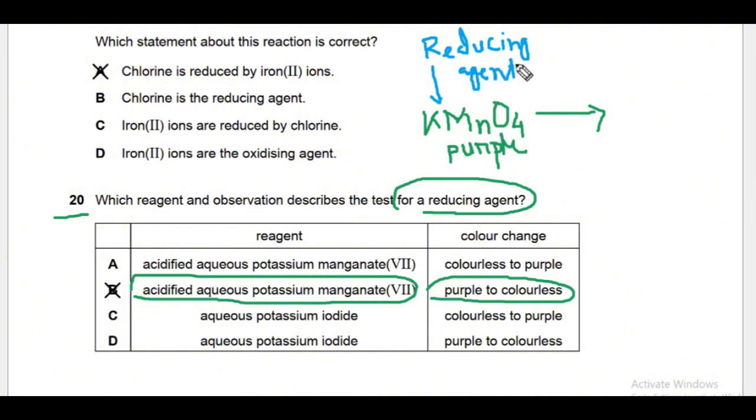With a reducing agent, potassium permanganate goes to manganese(II) ion. Manganese(II) ion is colorless.